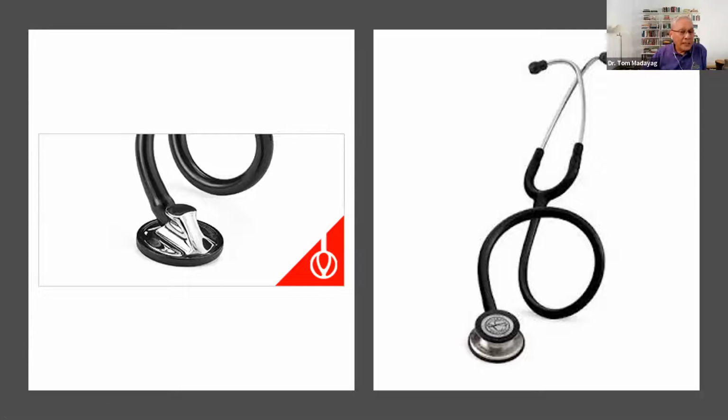And when you lightly put pressure on the piece, it becomes a bell. Depending on what you're listening for, the stethoscope should be placed against different points on the body. And ideally, it should always be against the skin, because even a thin layer of clothing will impede the performance.